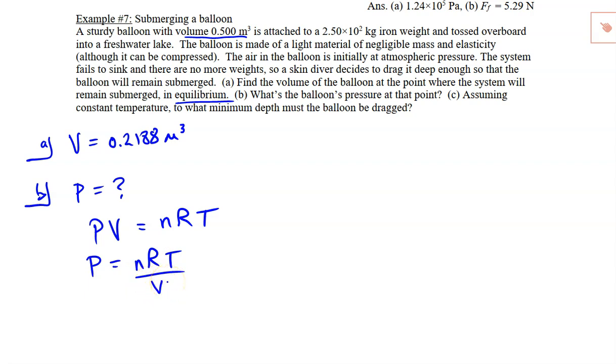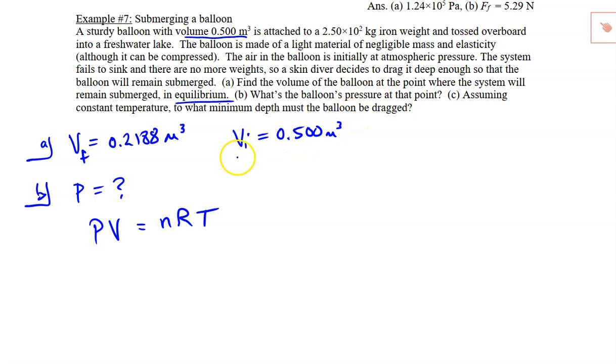Do we know the temperature of the gas? No. And I don't know the number of moles either, so it's not going to work out just doing it that way. So maybe we think about it as, this is the final volume, and we knew that the container had an initial volume of 0.5 meters cubed.